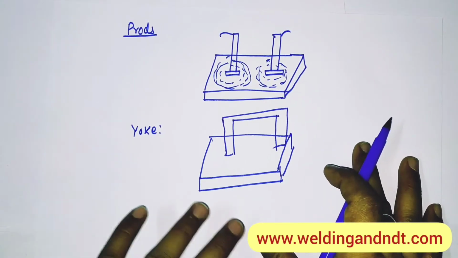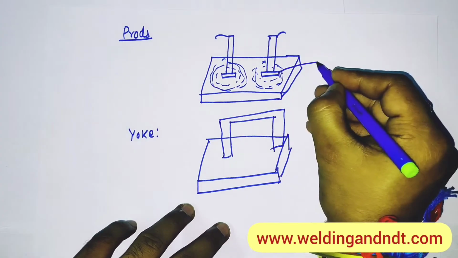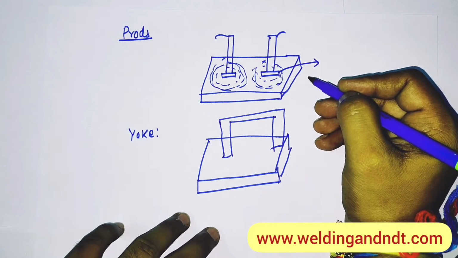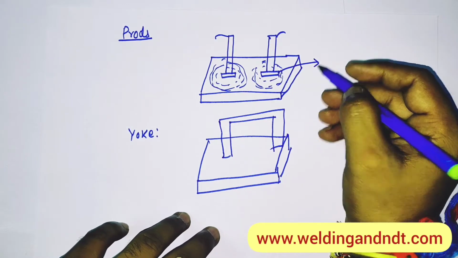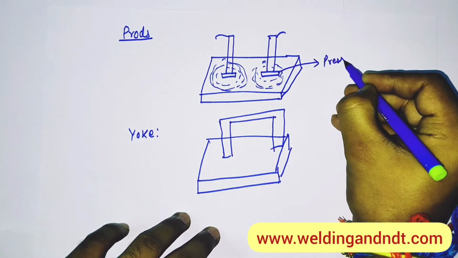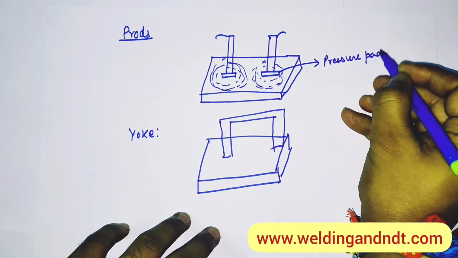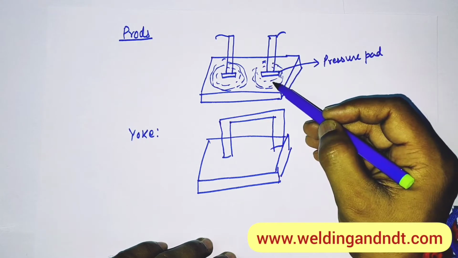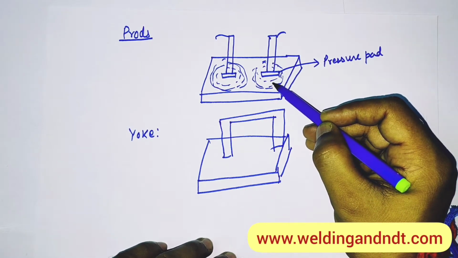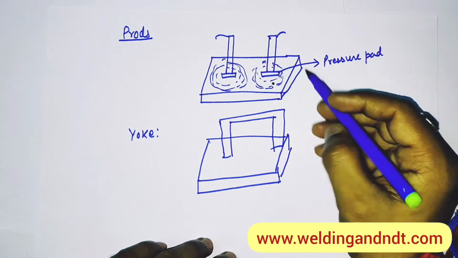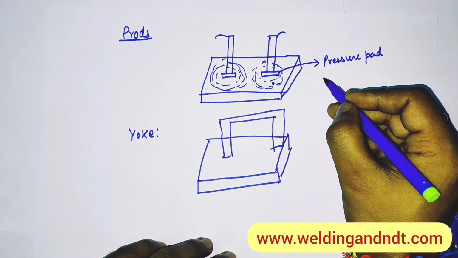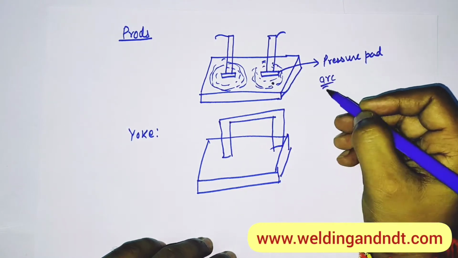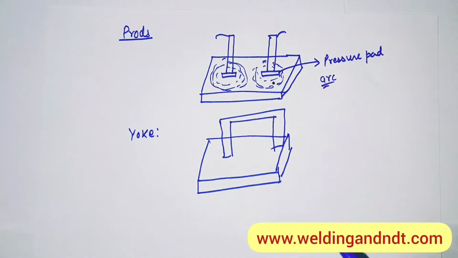Oh, one more thing I forgot to tell you about this. In prods, we use pressure pads. This is very important, pressure pads. See what happens. Proper contact of prod with the part is required. If there will be no proper contact, then chances of electrical arcs or electrical arcing will be there, which is undesirable.